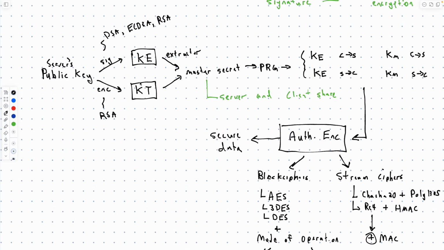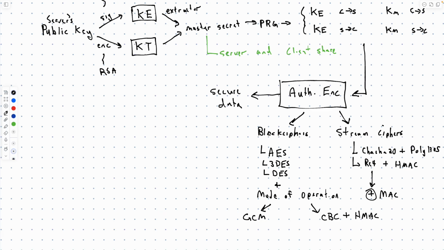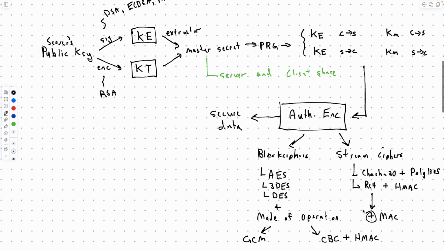So I might say I'm going to do Diffie-Hellman with ECDSA as my signature. Then I'm going to switch over to symmetric key, using AES in CBC mode, with an HMAC as my MAC. So the full thing is DHE plus ECDSA plus AES plus CBC plus HMAC. You'll see this big string of different crypto primitives that you use.